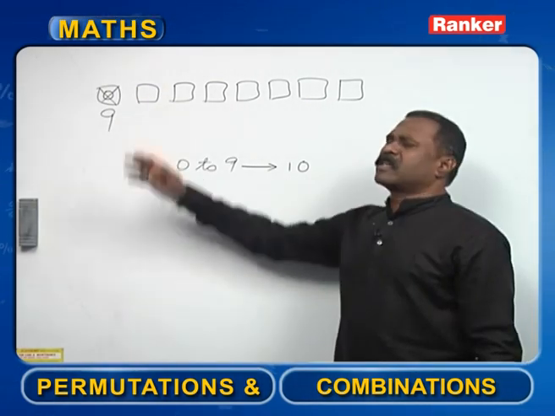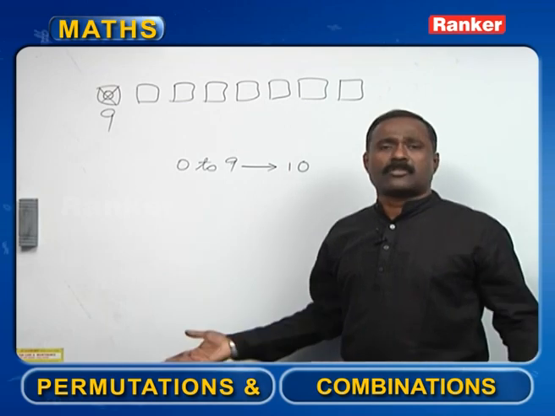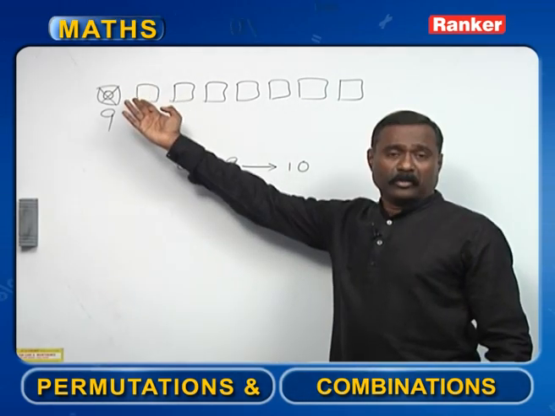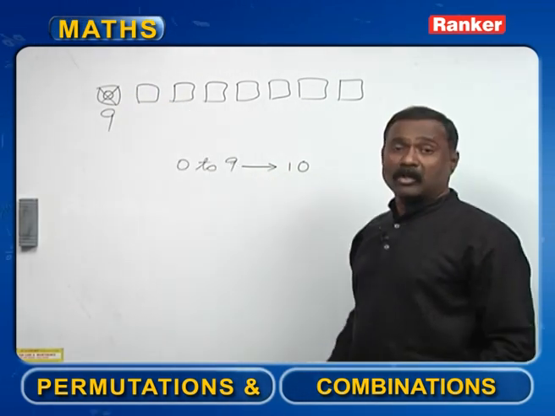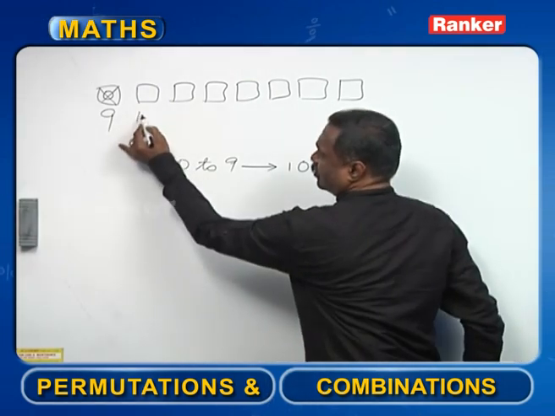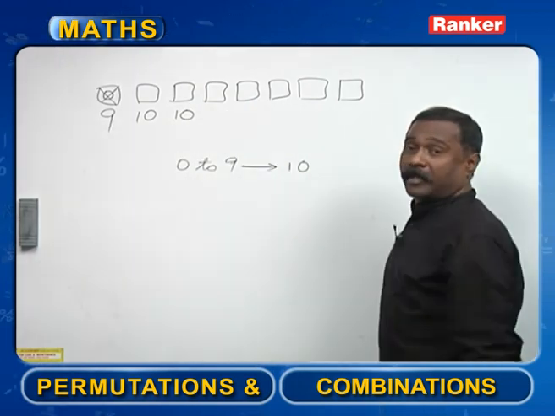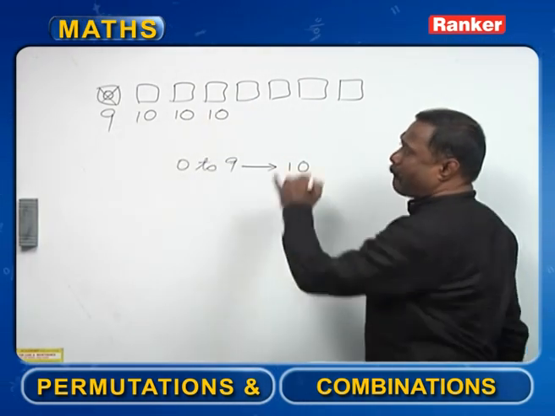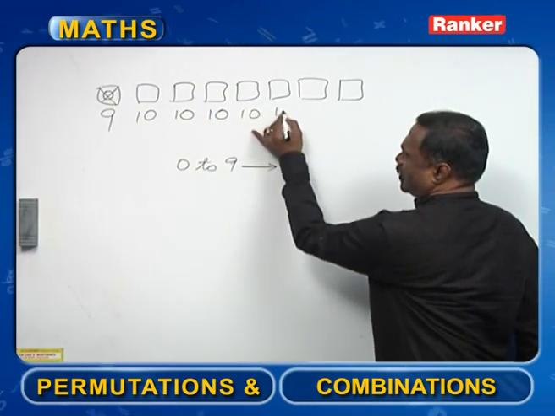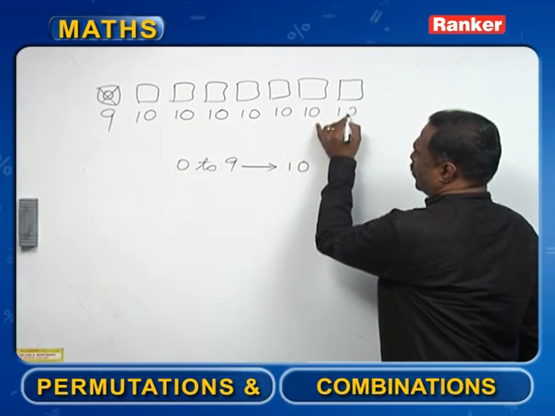Now, coming to the second place, there is no objection at all. You can write 0 here. So how many digits are there in your hand? There are 10 digits. Here also 10 digits, here also 10, here also 10, here also 10, here also 10.